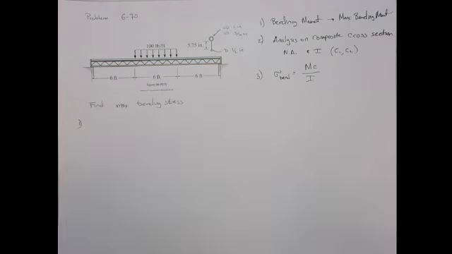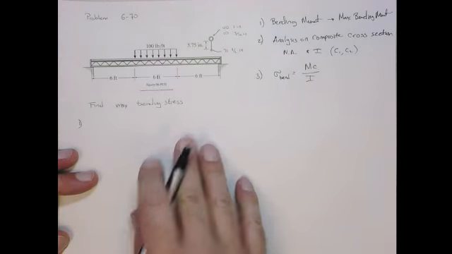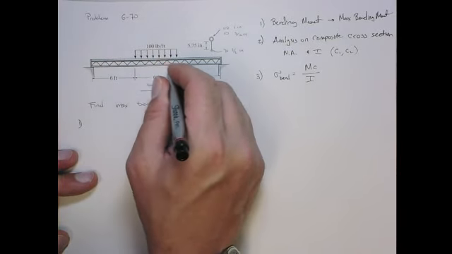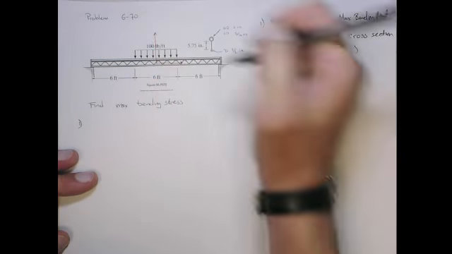Okay. This part has symmetry again. This planar view is symmetric. So let me put the axes right through the middle point of the beam.